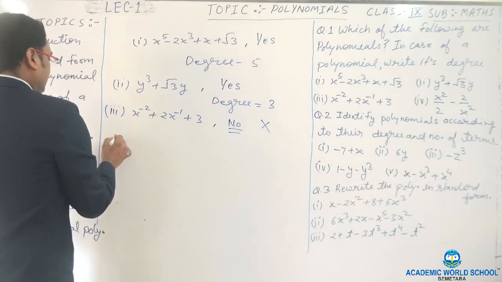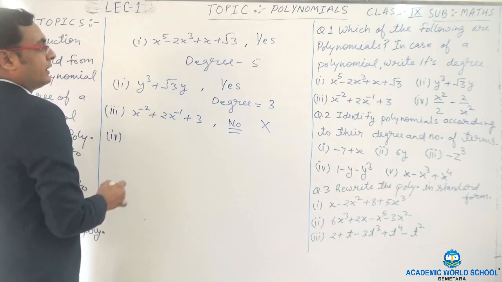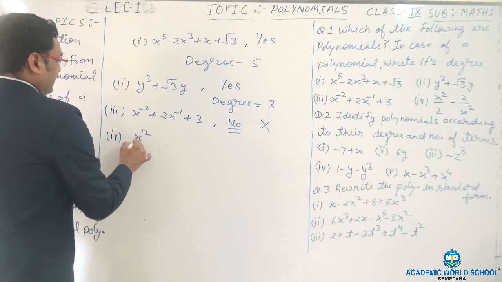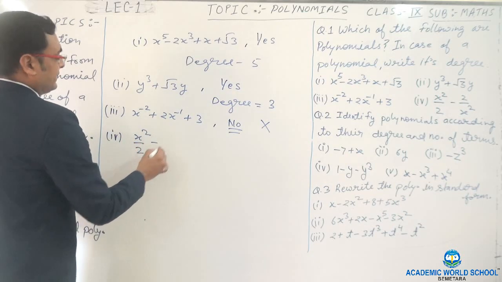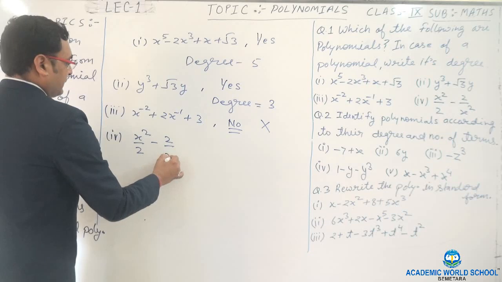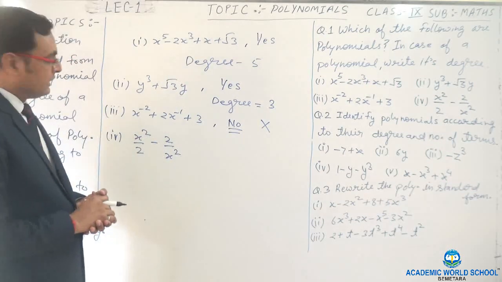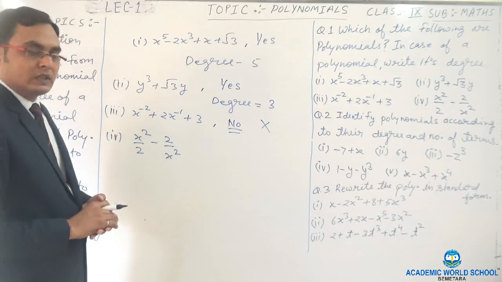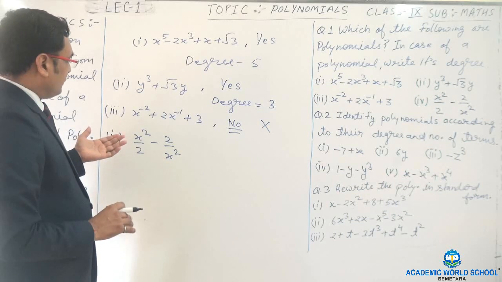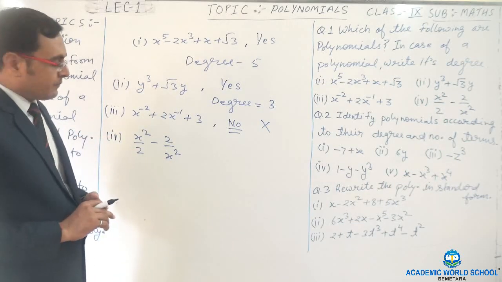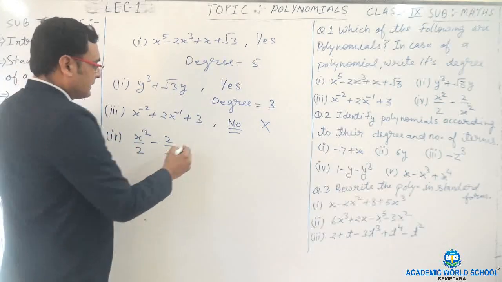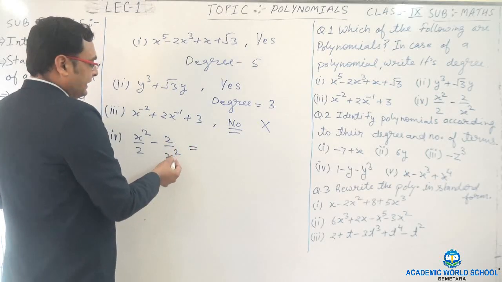Look at the fourth example. It is x square upon 2 minus 2 upon x square. We have two terms. One variable x is there, but look at the exponent of this x.